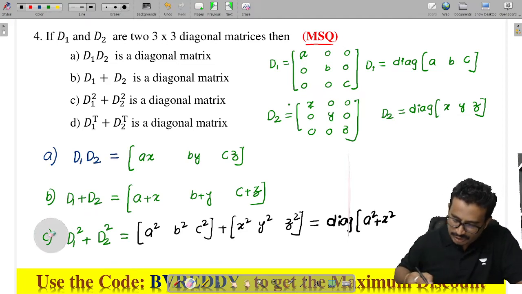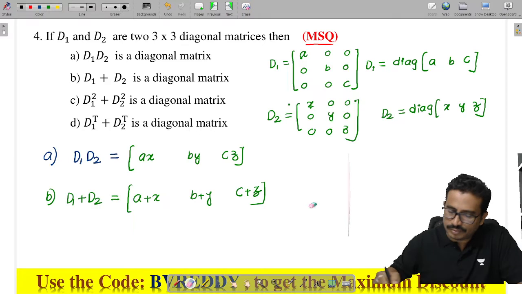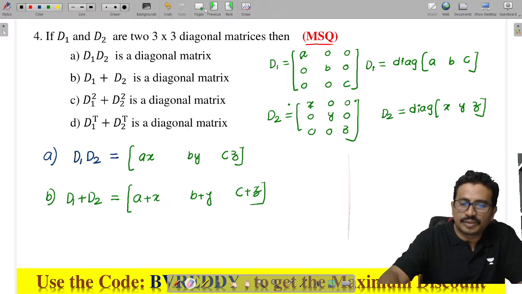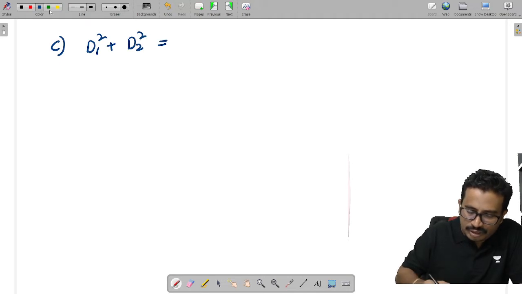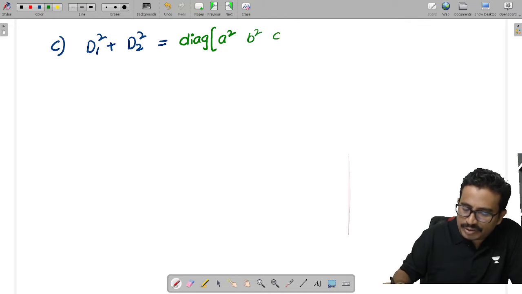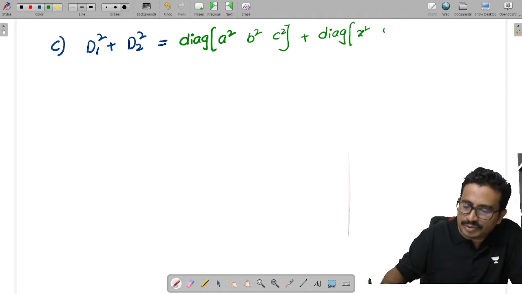Fine, let us move to the next page. So here in option C, we have D1 square plus D2 square. You tell me what I will get now. D1 square we will get as the diagonal of a square, b square, c square, plus the diagonal matrix of x square, y square, z square.